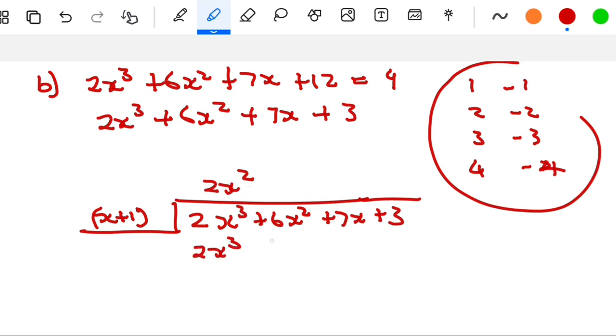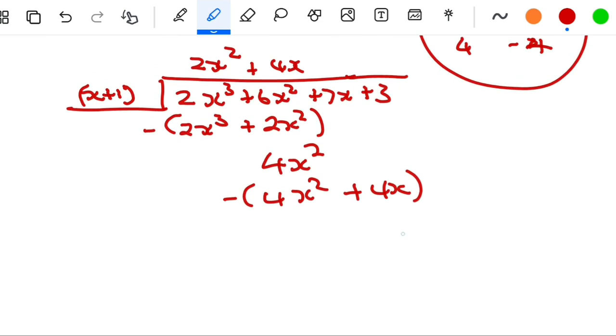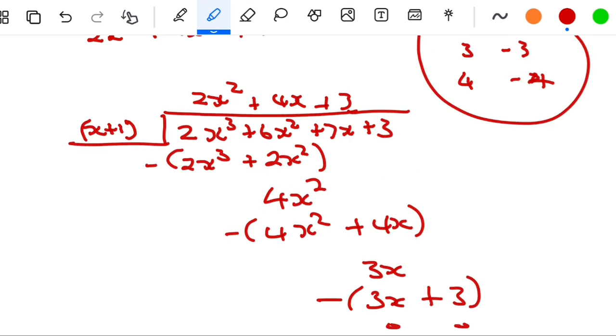Then 2x squared times 1 gives me 2x squared. Then I subtract it there, I get 4x squared. Then x into that, I get plus 4x squared plus 4x. I subtract again, I remain with 3x. Then x into 3x is plus 3. Then 3x plus 3. Subtracting that one, I get 0.